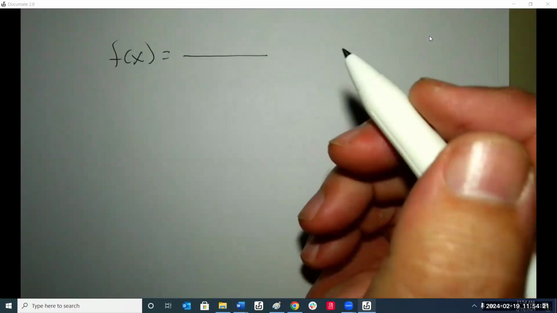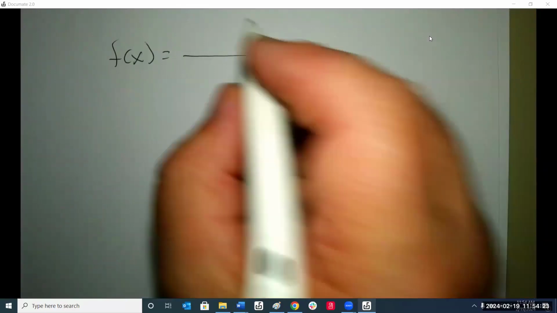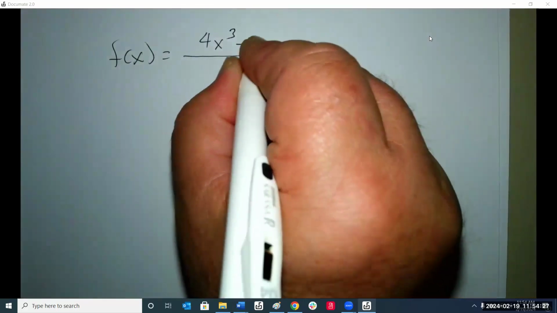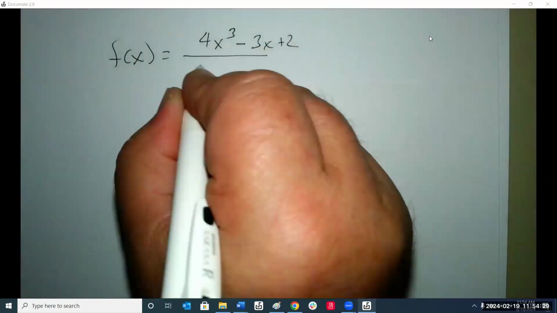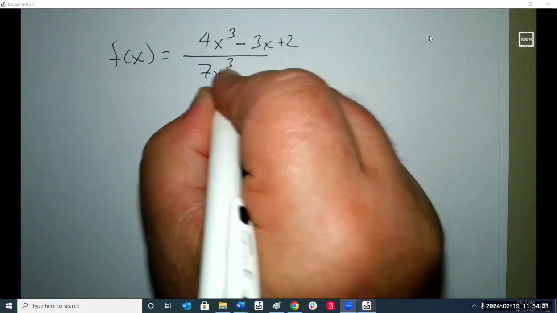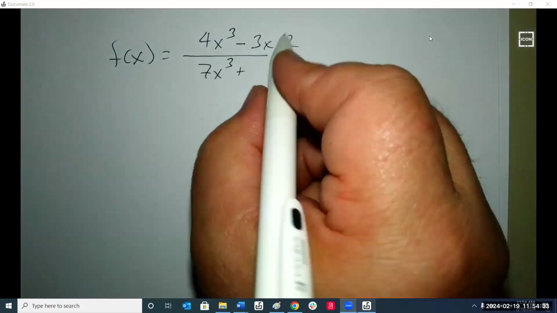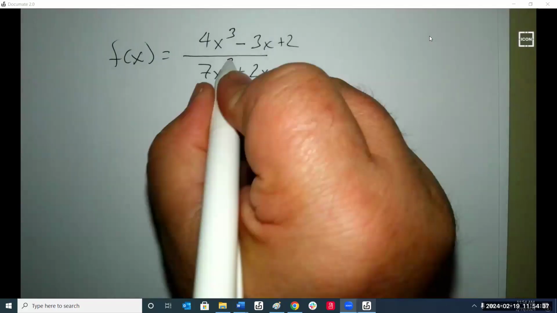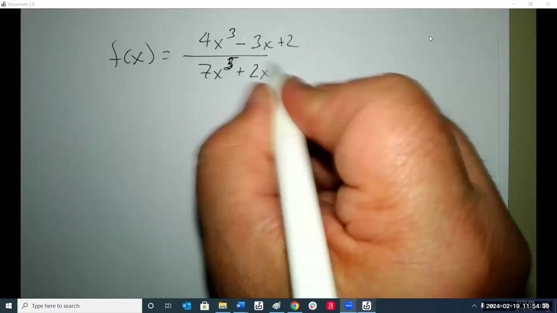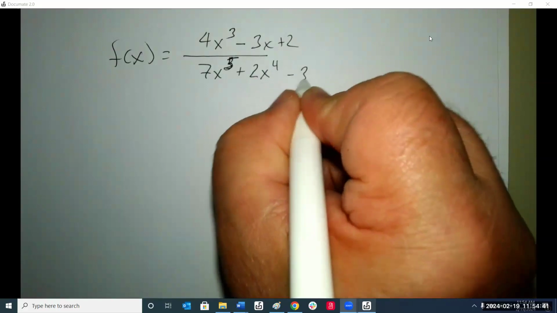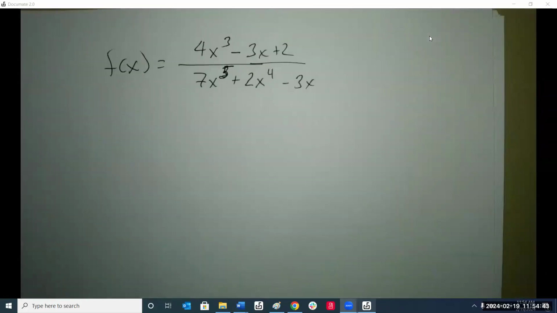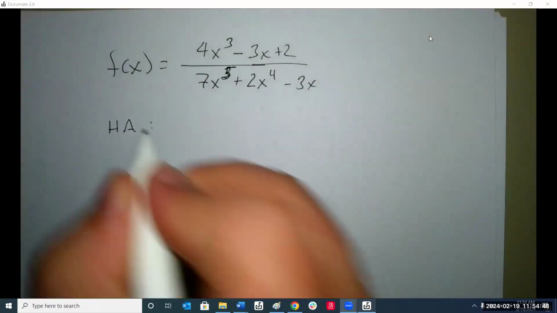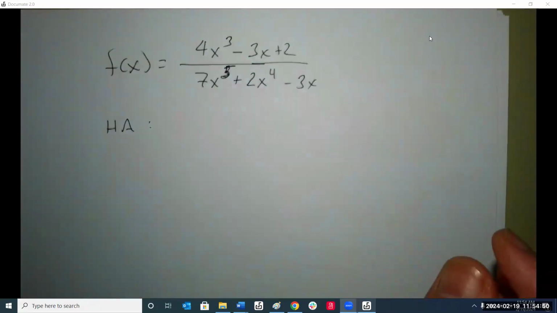Some good ones here. 4x to the third minus 3x plus 2 over 7x to the fifth, x to the fourth minus 3x. The horizontal asymptote.